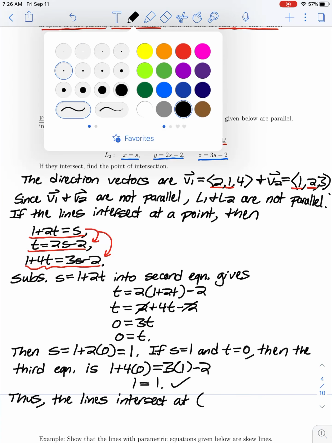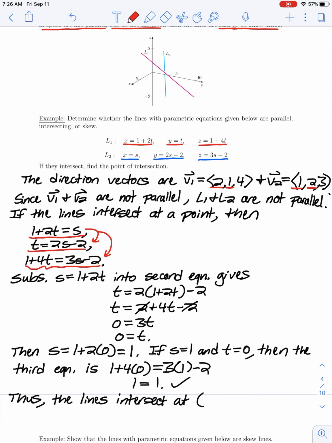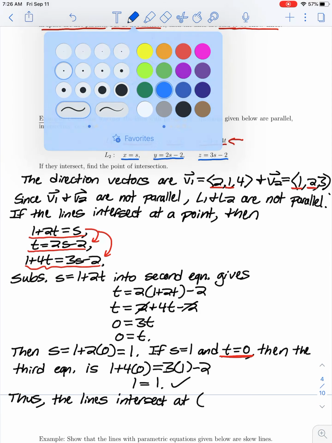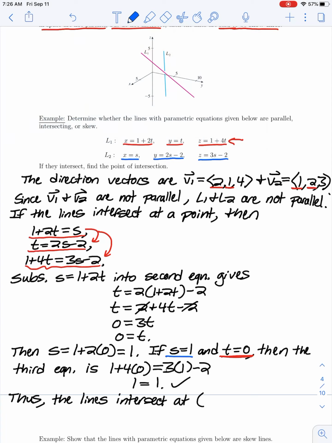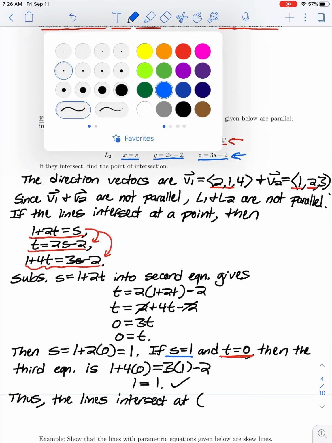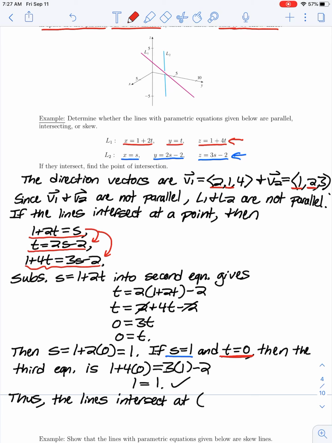In order to find it, we could either take t equals 0 and substitute into the equation for our first line, or we could take s equals 1 and substitute into the equation of our second line. Either approach we use will get the same point. So I'm going to take t equals 0 for my first line, and I would get the point 1, 0, 1.